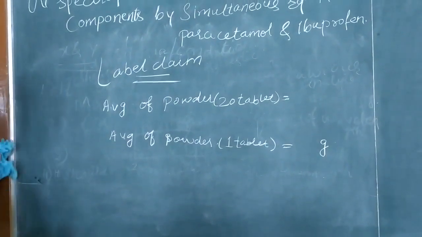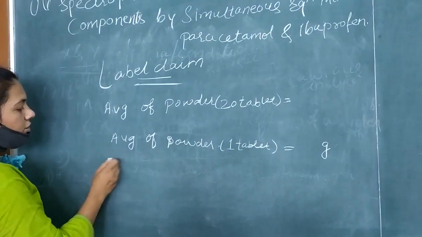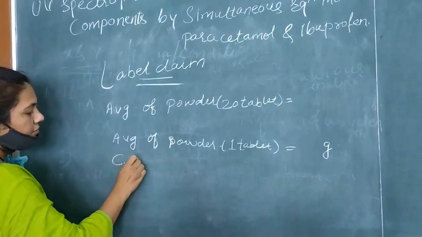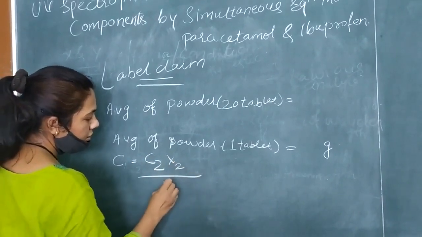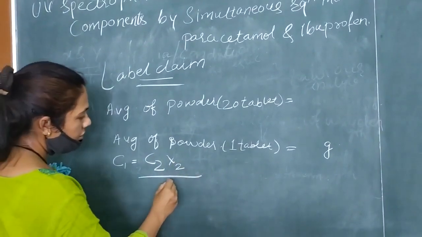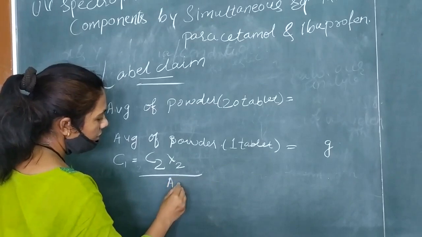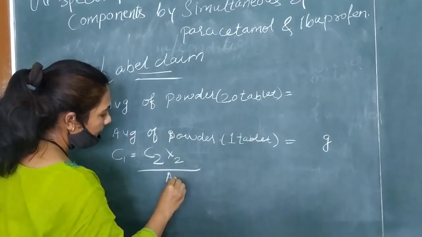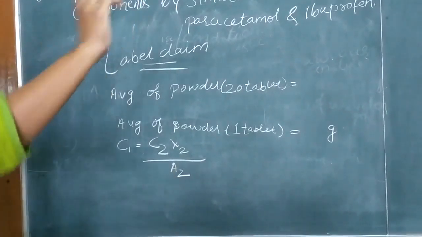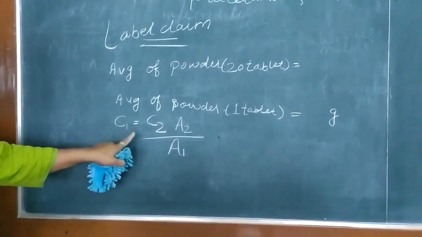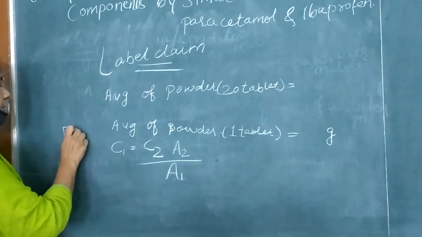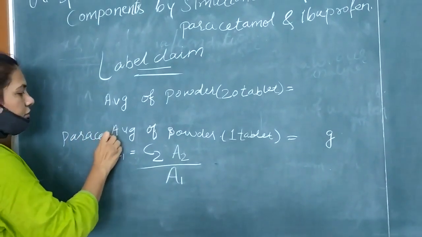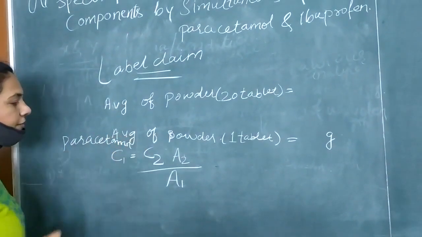Now we will calculate the concentration. For the concentration, C1 = (A1 × C2) / A2, from which you will get the concentration of your first drug, that is paracetamol.